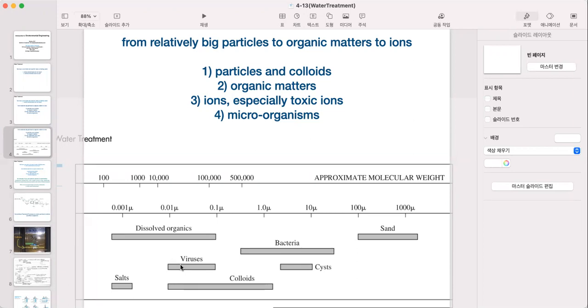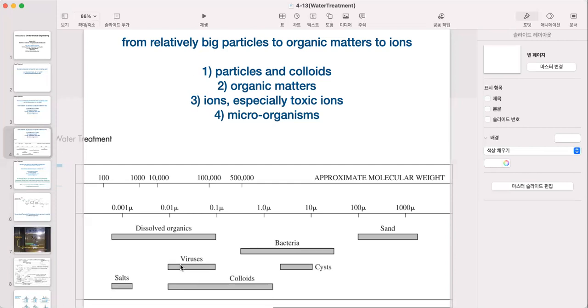But the ions also have some portion of sodium and chloride. Nakdong River, of course, has some levels of sodium chloride, 10 to 40 milligram per liter, right?